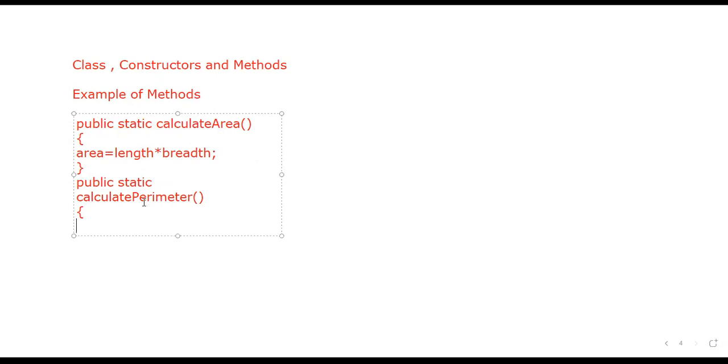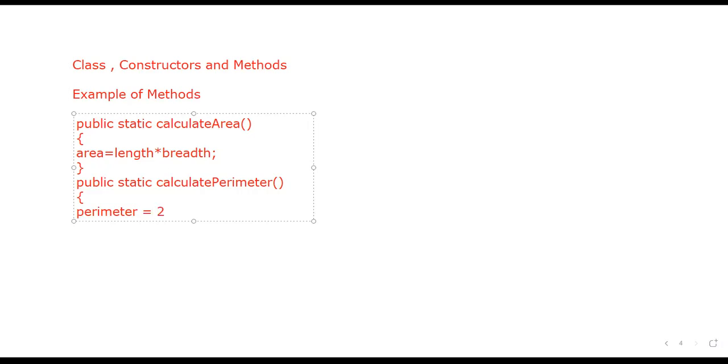Calculate perimeter means is equals to 2 into L plus B, length plus breadth. ओके, तो मैंने अभी क्या किया, 2 कैलकुलेशन वाले फंक्शंस बनाए.